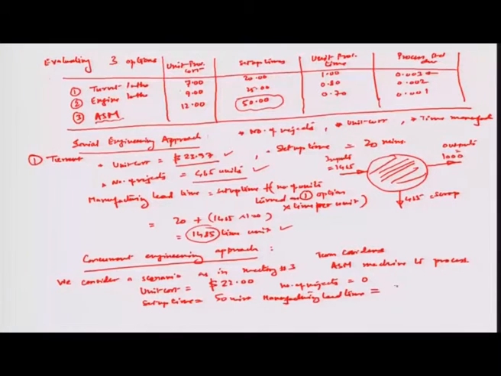The manufacturing lead time is constituted of the setup time plus the machining time, which is the number of units on the ASM times the time per unit that it takes on an ASM. So, this happens to be about 50 plus 1000.